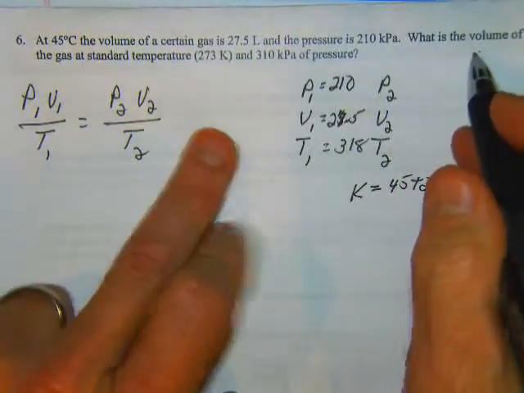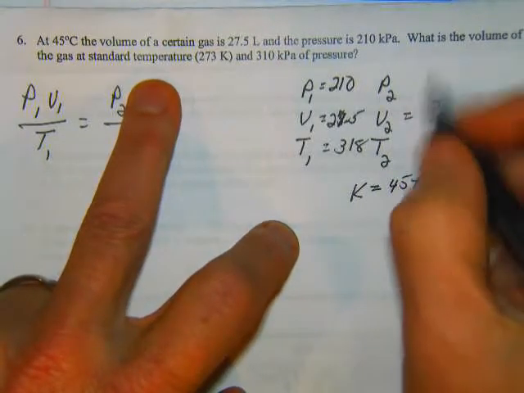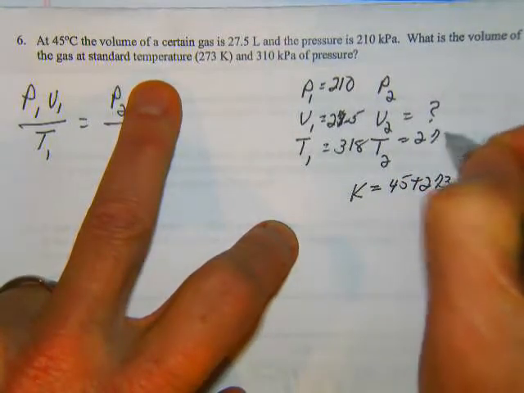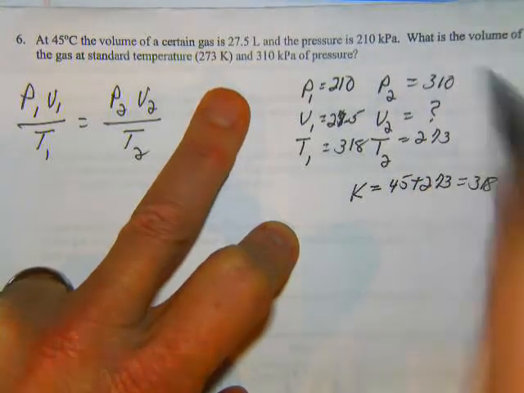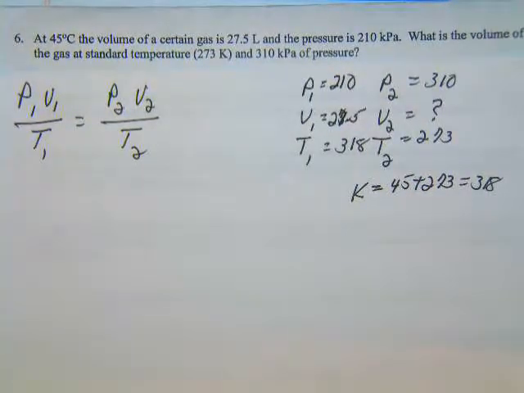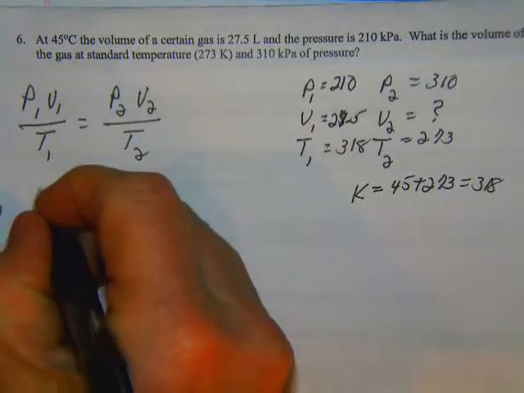What is the volume? We don't know what this is. At standard temperature, 273, and a pressure of 310 kilopascals. Alright, so we can go ahead and plug in. P1 is 210.